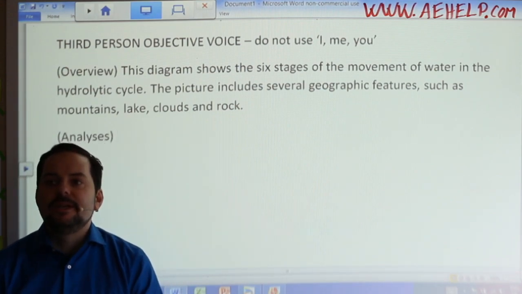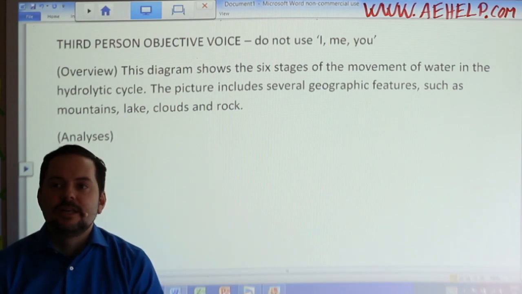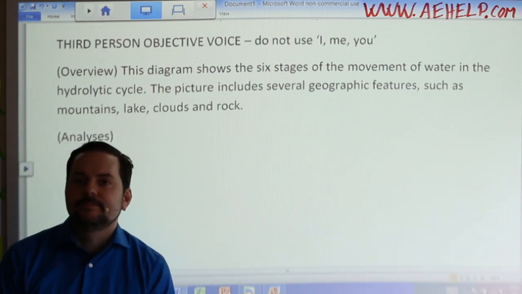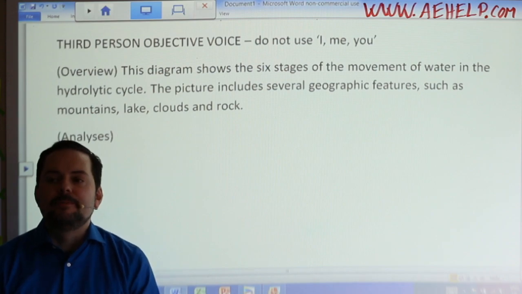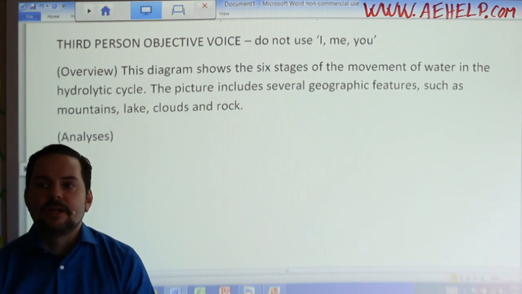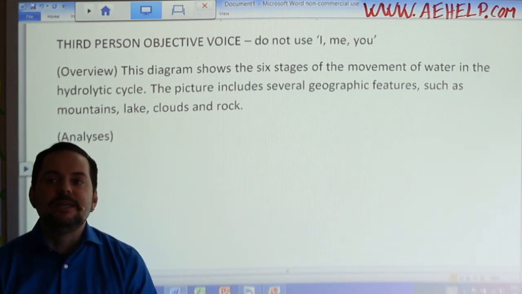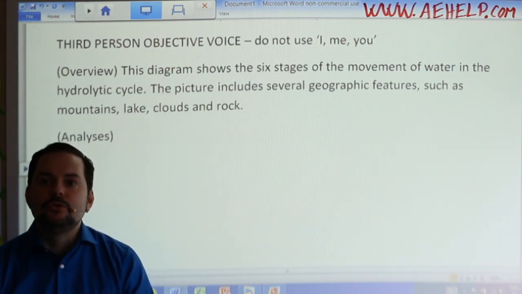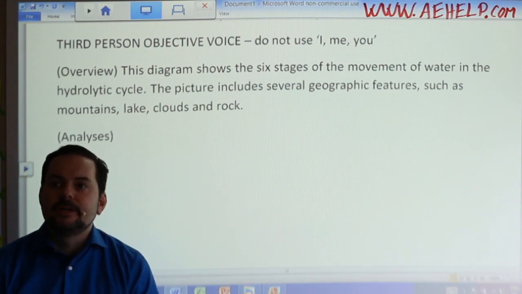So somebody give me a nice clear sentence that explains the stage of evaporation. And remember, in a process, there are some key words that we can use to start the writing, like firstly, or at the beginning, or to start with. So somebody write an example sentence here.